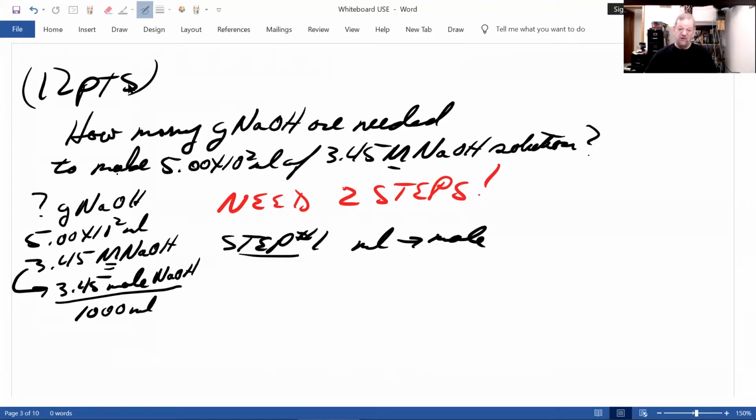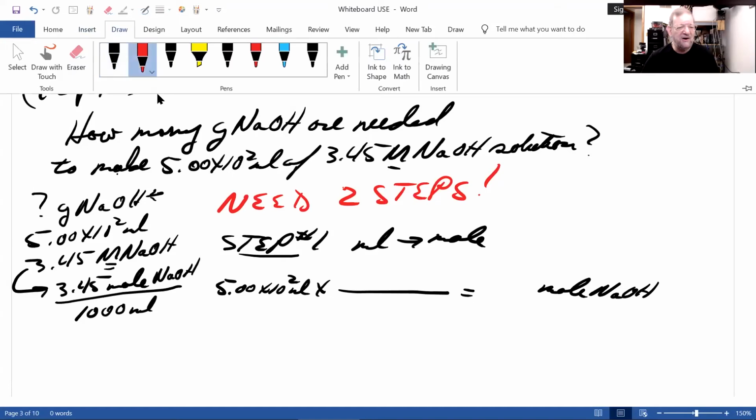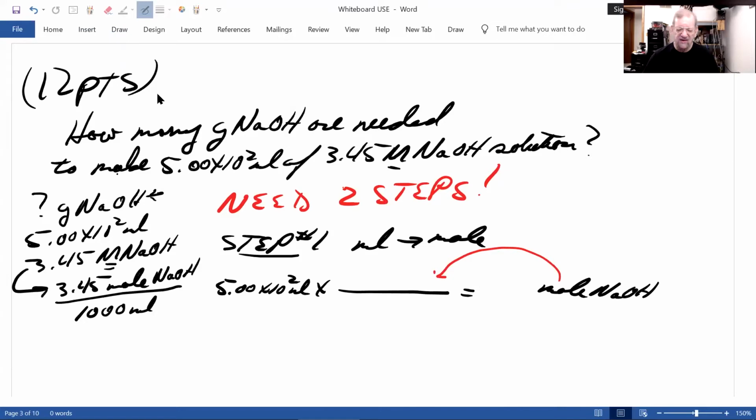How do we do that? Well, we already did that. We have 5.00 times 10 squared milliliters of solution. We want to get the moles of whatever we're trying to get the grams to. So now I'll say moles of NaOH. And now we'll use our good friend, unit analysis. Whatever we're trying to get to goes on top of that ratio. Whatever we're trying to get rid of goes underneath.